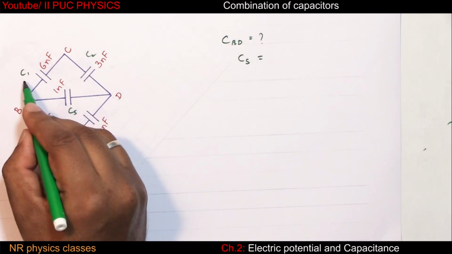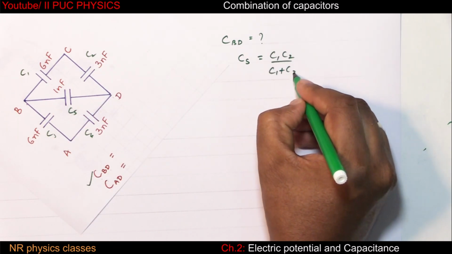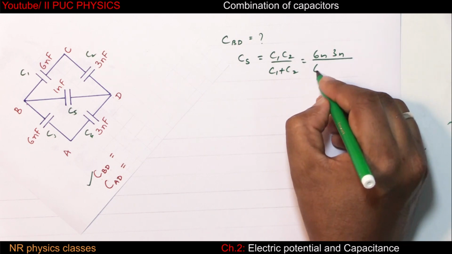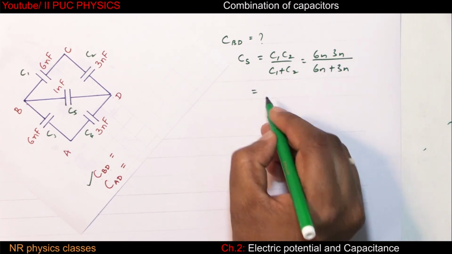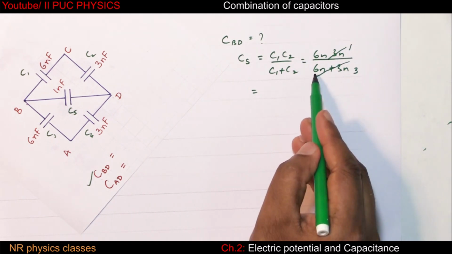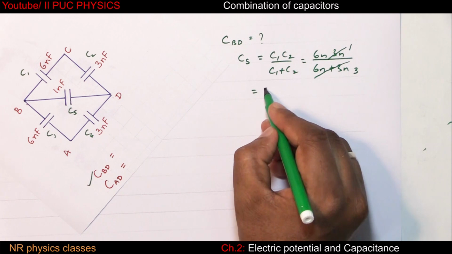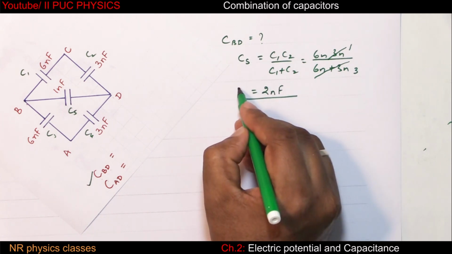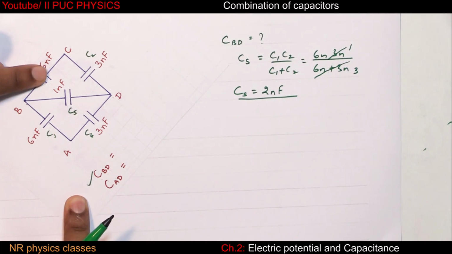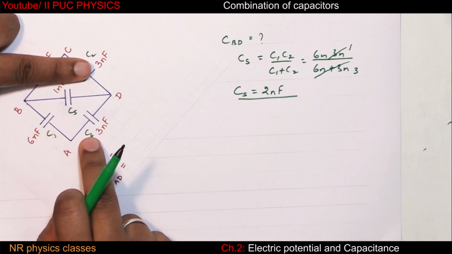CS of C1 and C2 is C1 C2 by C1 plus C2. 6 nano 3 nano by 6 nano plus 3 nano equal to, this 1 time, denominator is 3 times, because 6 plus 3 is 9, 3 by 9 is 3, 6 nano by 3 is 2 nanofarad. This is CS. So what we found is the series equivalent of these two. Similarly, the series equivalent of C3 and C4.